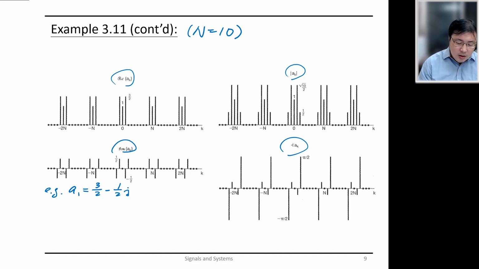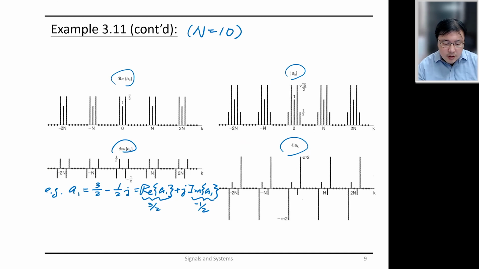So you can write this as the real part plus j times the imaginary part. In this case, the real part is 3/2, and the imaginary part is minus 1/2.